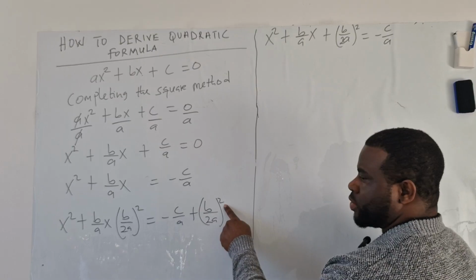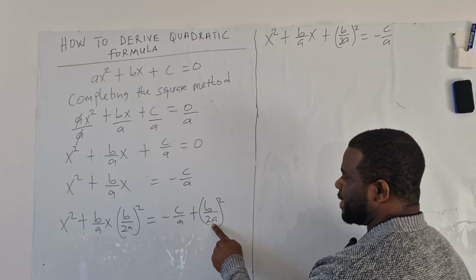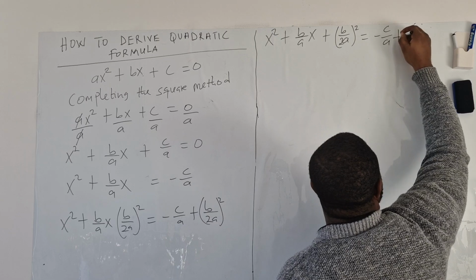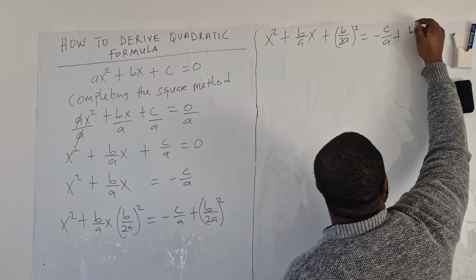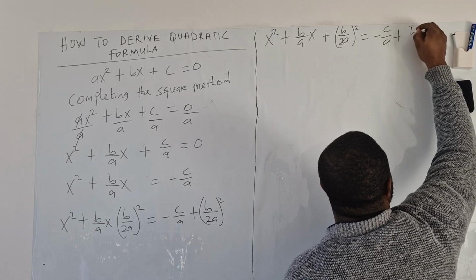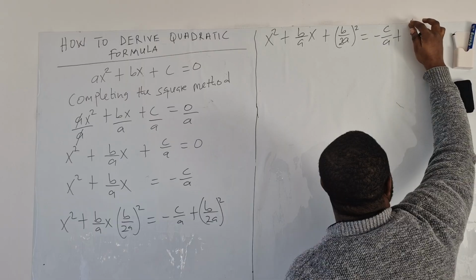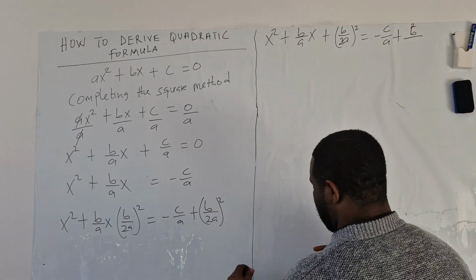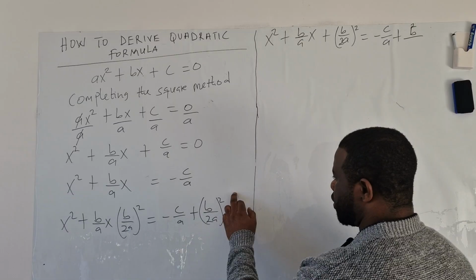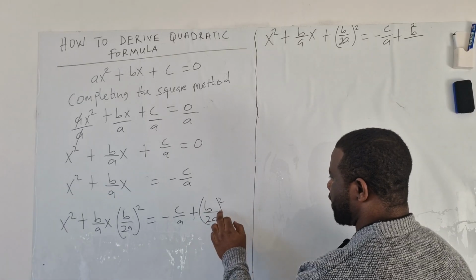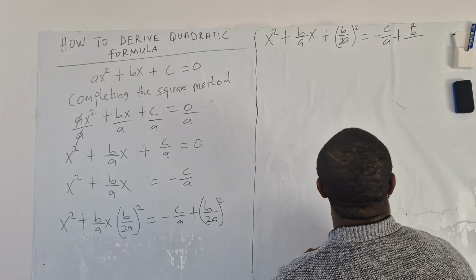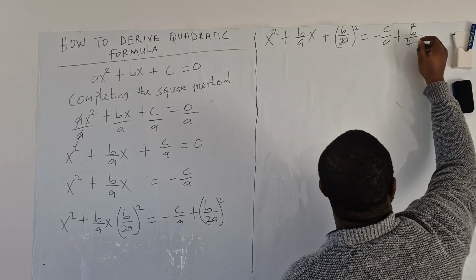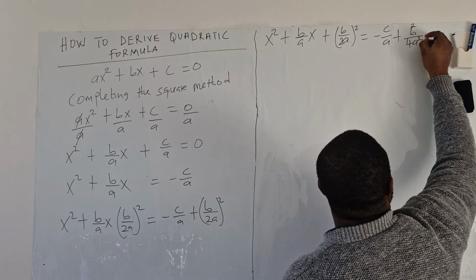Now the square is affecting both the numerator and the denominator. So you are going to have plus b squared over 2a squared, so 2 squared a squared, and 2 squared will give us 4, then this will give us a squared.